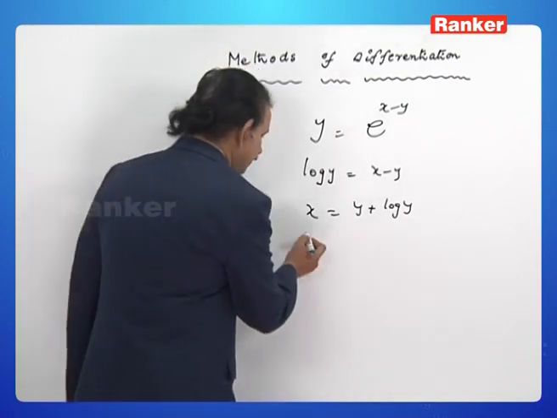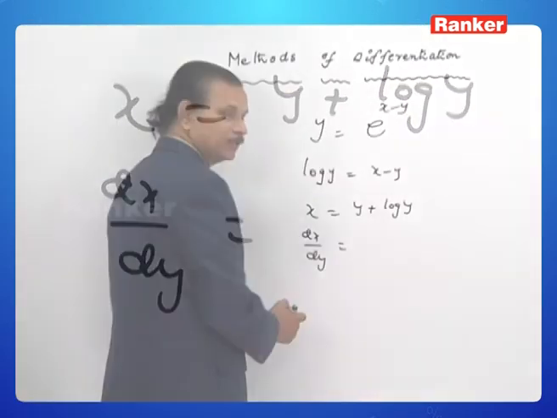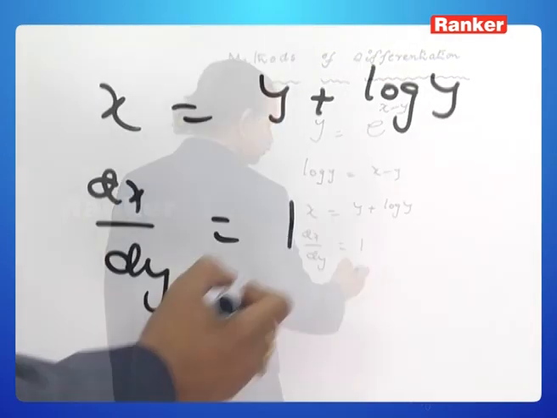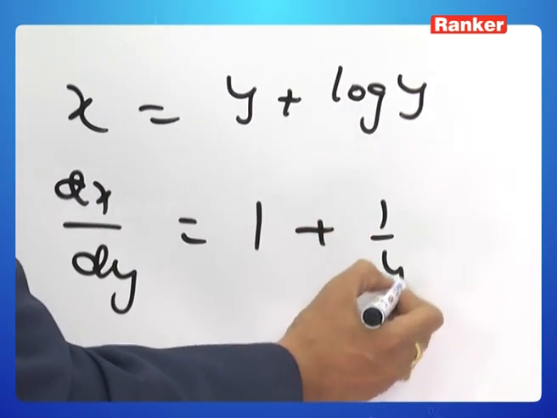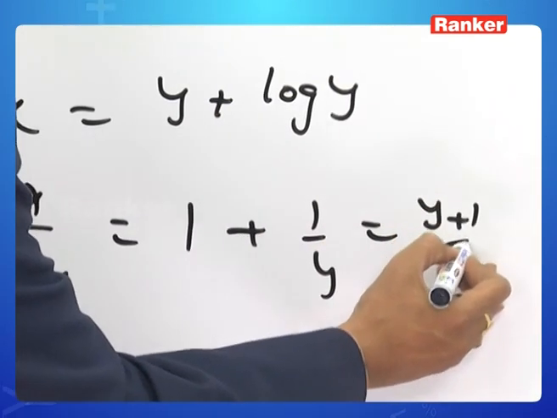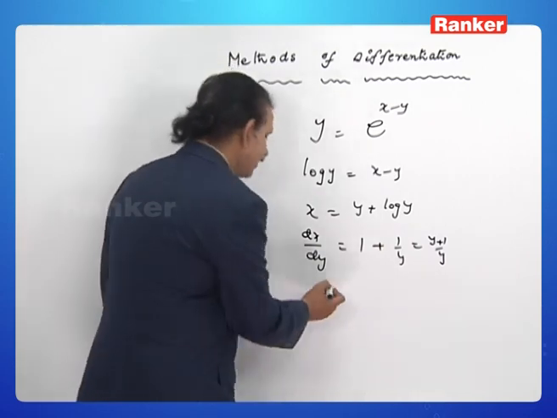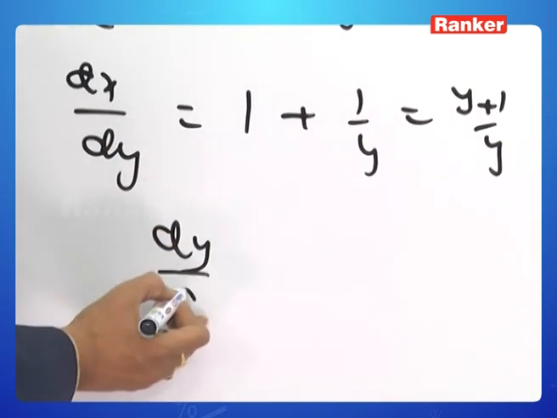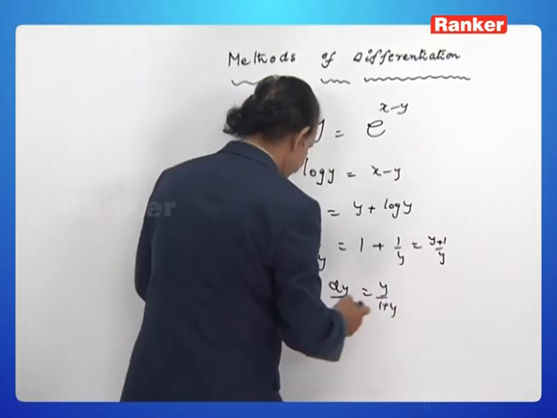What happens? dx by dy is equal to derivative of y with respect to y, 1, plus derivative of log y, 1 by y. So it is 1 plus 1 by y. Hence dy by dx is therefore equal to y by 1 plus y.